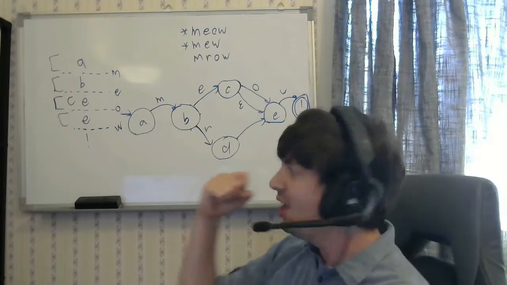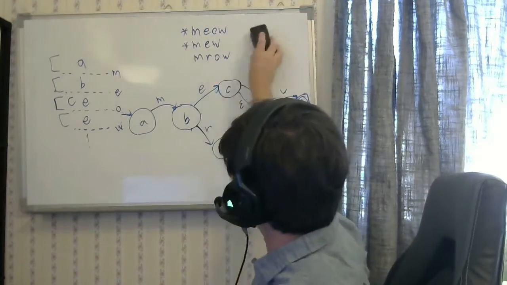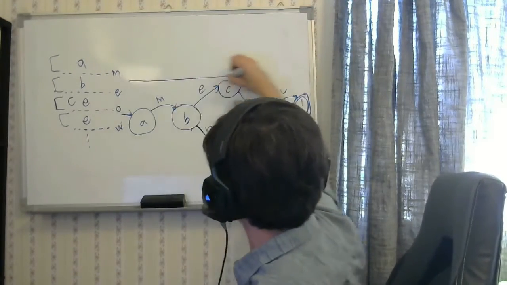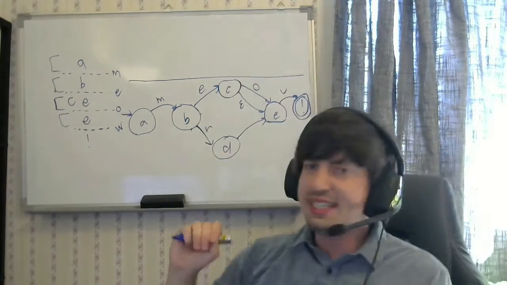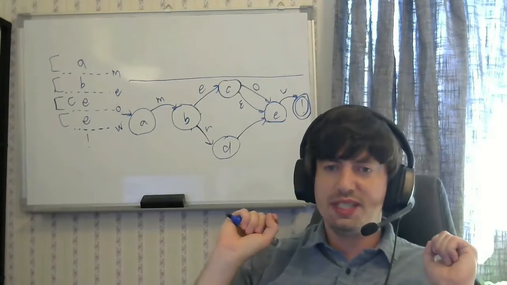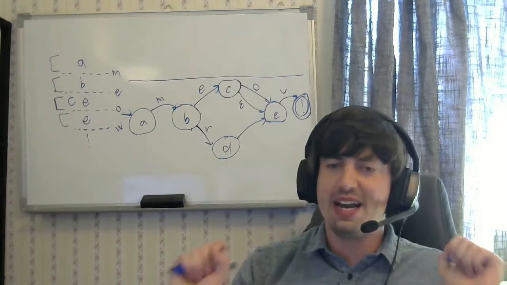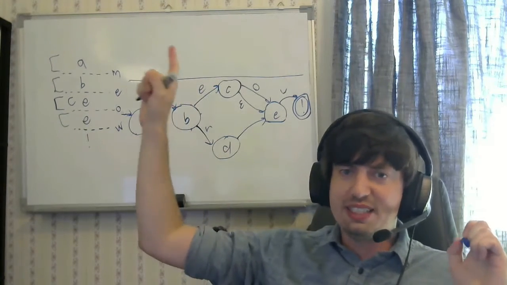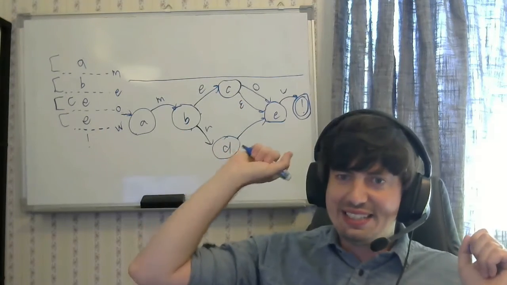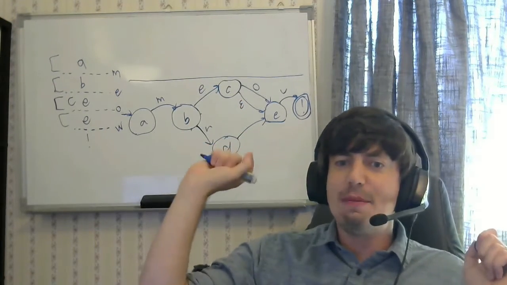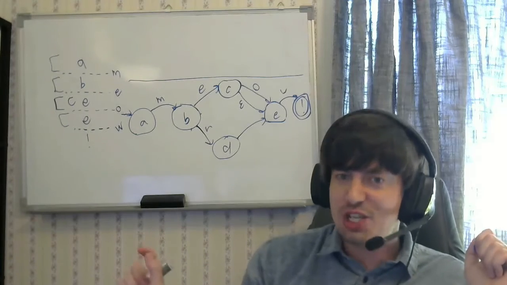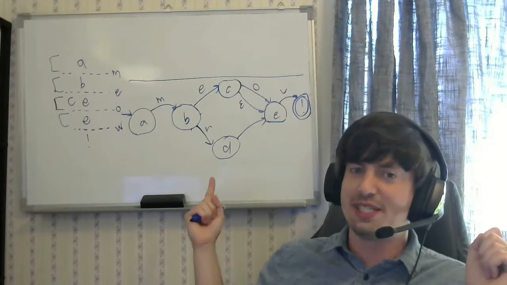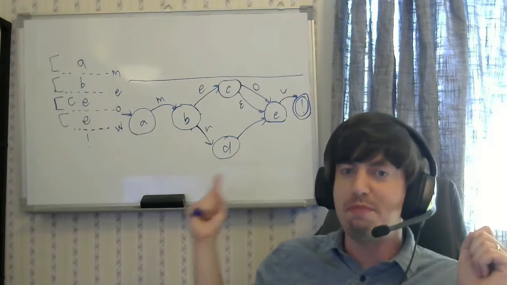So the idea here is if this is our non-deterministic finite automaton down here, what we want to say is we're going to design a deterministic finite automaton by giving our deterministic finite automaton a state for every possible combination of NFA states that we could be in.